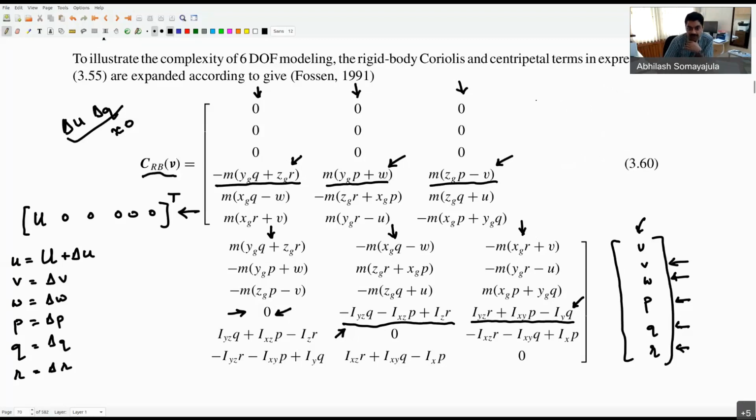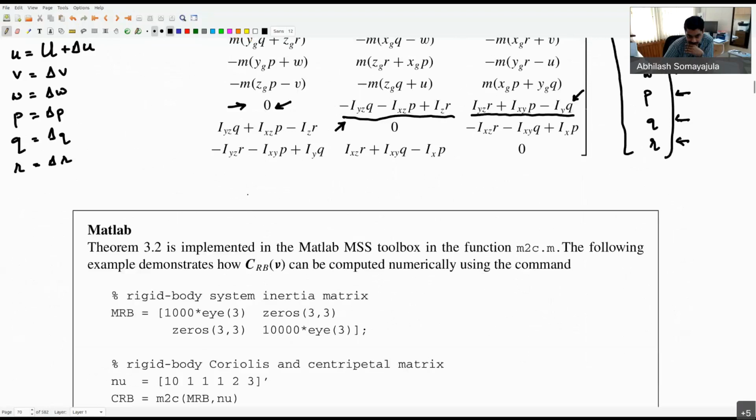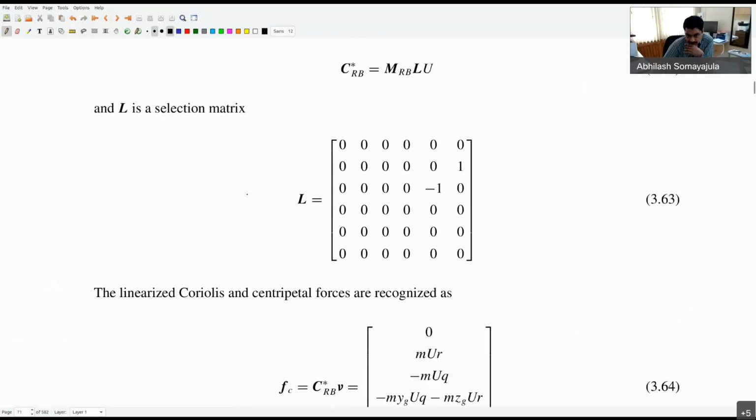What will come out? Minus myg times q plus zg times r multiplied by capital U. That is the only thing which will be left out. Am I right? So let's see that is what comes out here.